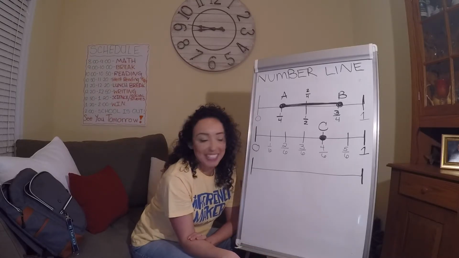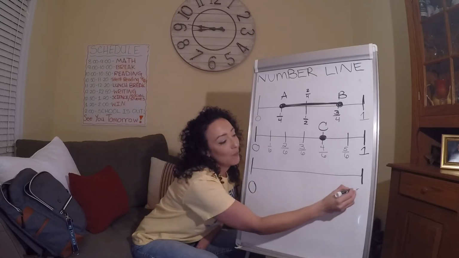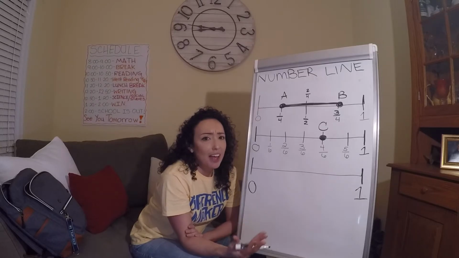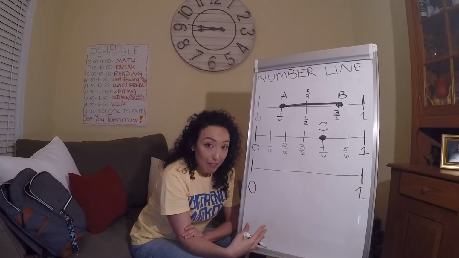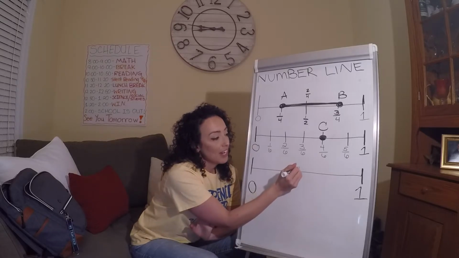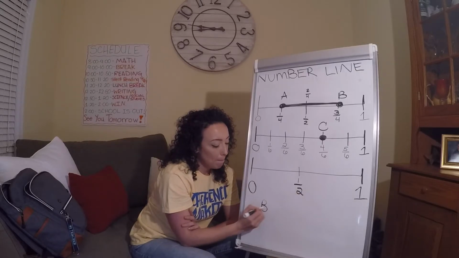Not too shabby, right? The other thing I wanted to show you is a blank number line. A lot of times they're going to have you compare fractions using number lines. The one thing I try to reiterate to all of my students is to find what we call benchmarks.